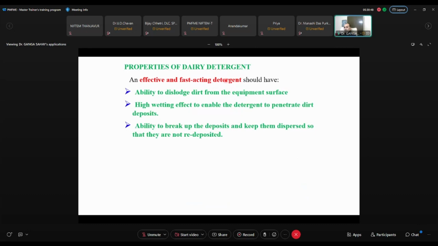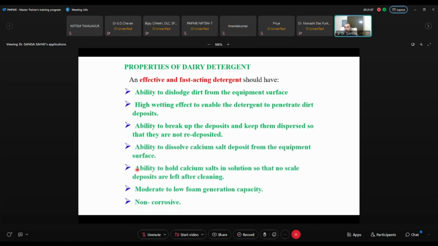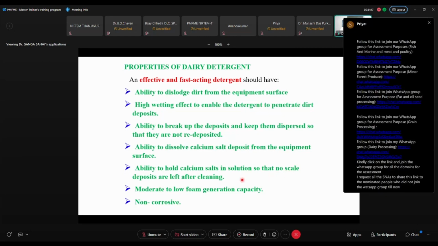Now, properties of dairy detergents. An effective and fast-acting detergent should have the ability to dislodge the dirt from the equipment surface, a high wetting effect to enable the detergent to penetrate the dirt deposit, and the ability to break up the deposits and keep them dispersed so they are not redeposited. It should have the ability to dissolve the calcium salt deposit from the equipment surface, and it must also be able to hold the calcium salts in solution so that no scale deposits are left after the cleaning.